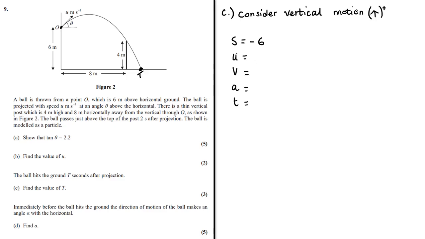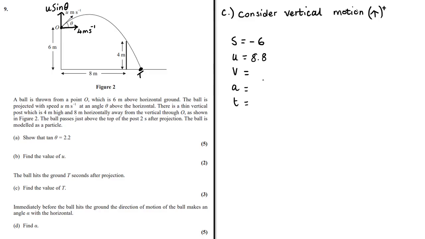Now for u, that's the vertical component, which we worked out before was u sine theta, which, like we worked out before, is 8.8. I forgot to update my diagram before, but I would recommend updating the diagram as you go. So this is 8.8, and it was 4 across, 4 meters per second. So I get 8.8 there. The final velocity we don't know.